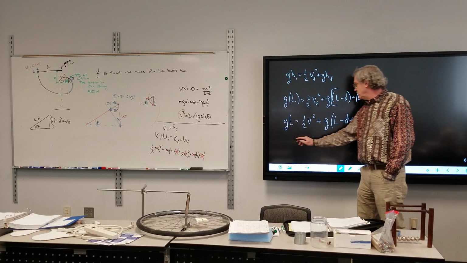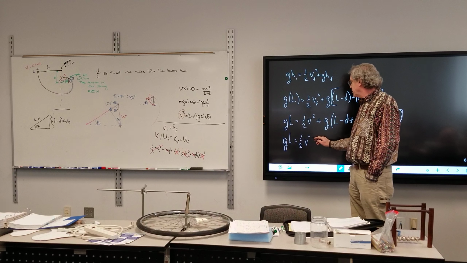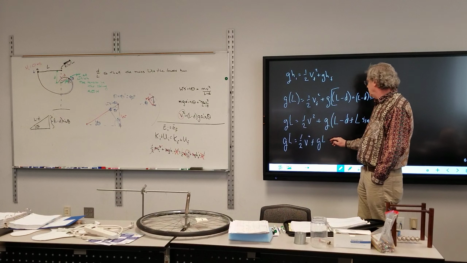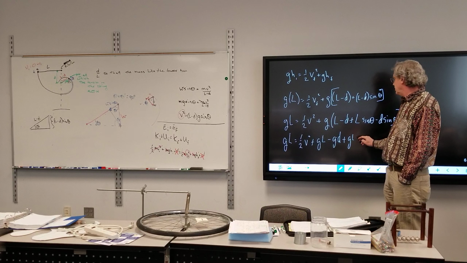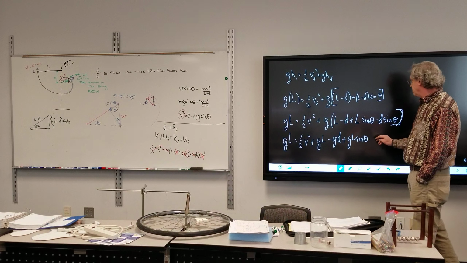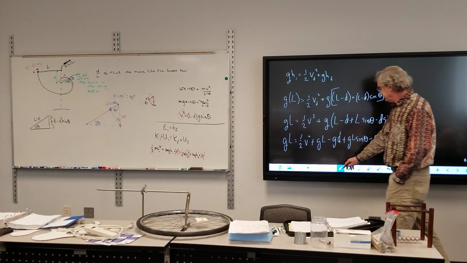And then distribute that g, so I have g L equals 1/2 v squared plus g L minus g D plus g L sine theta minus g D sine theta. The g Ls will cancel out.